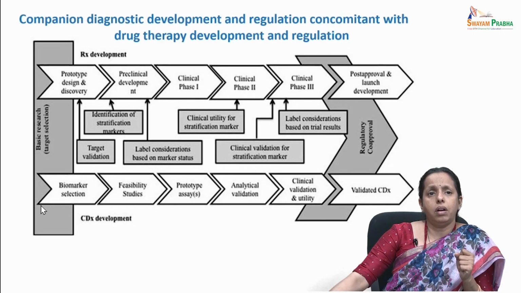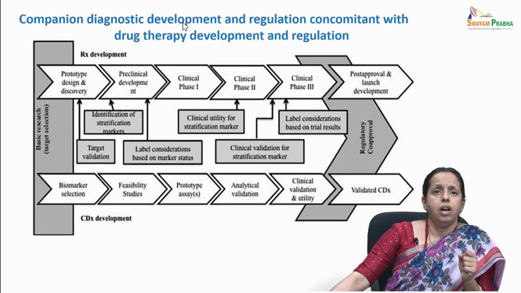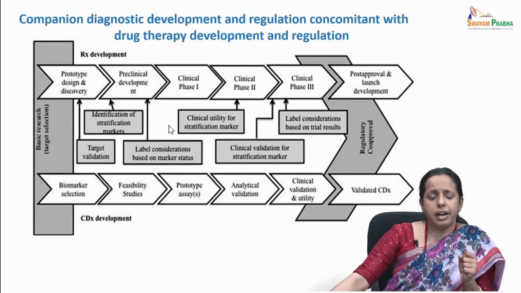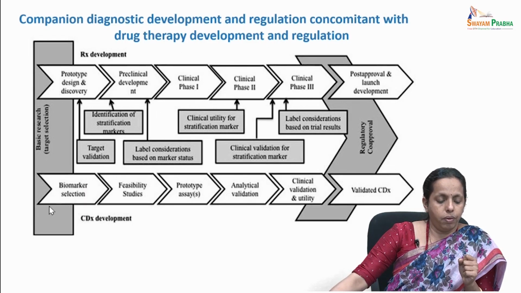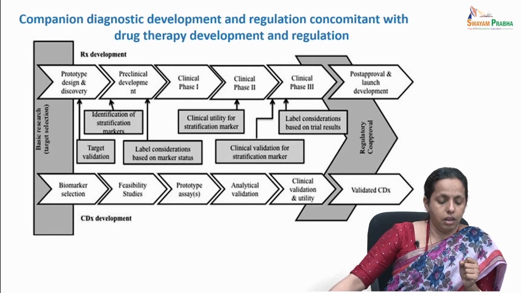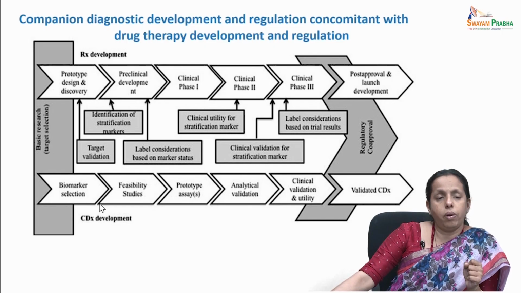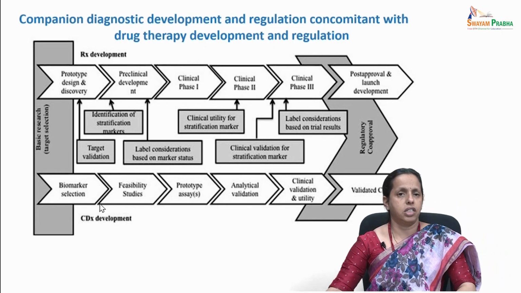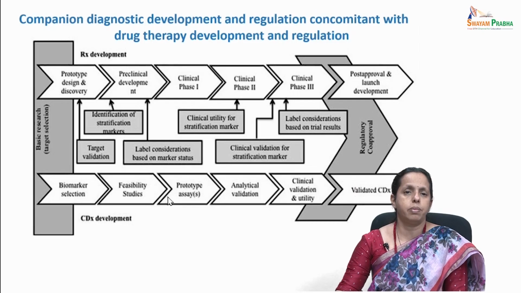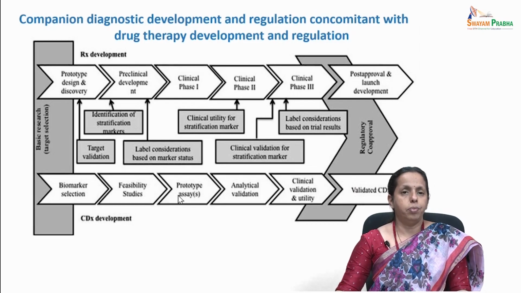Here you have your companion diagnostic development and your treatment development. Both of these go very well hand in hand. It's not like one is independent of the other. For the companion diagnostic, you need to identify your biomarker selection. How is it feasible? Then you have to develop a prototype assay.